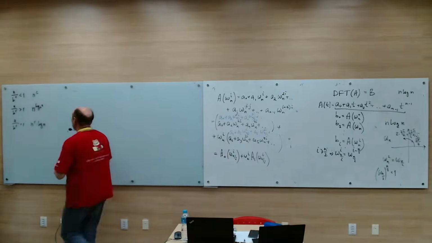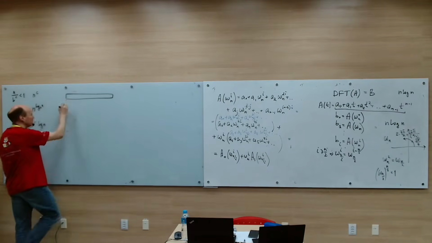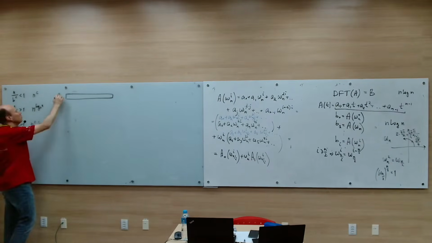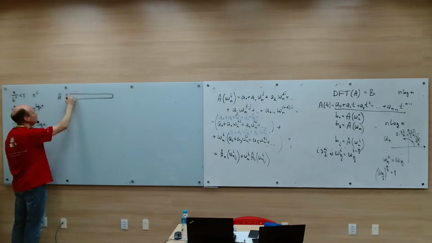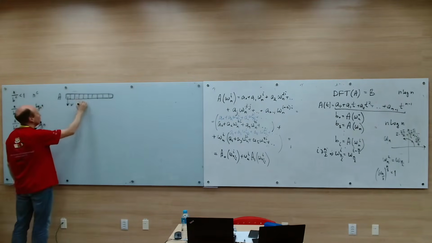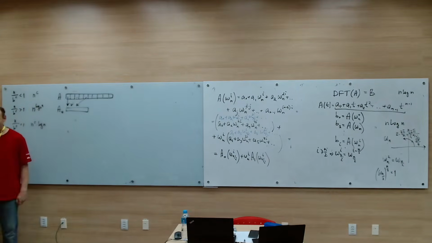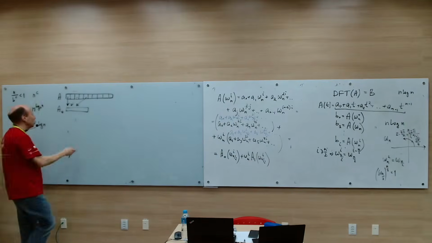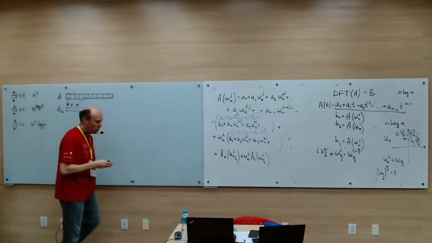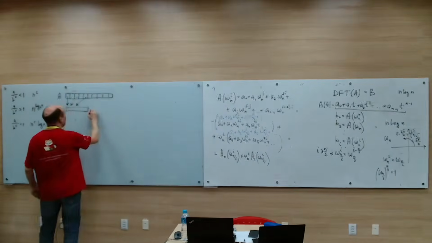So let's draw the picture. So we have our array A, which is even indices, and then to an array A0. Then we take odd indices and take them to array A1.